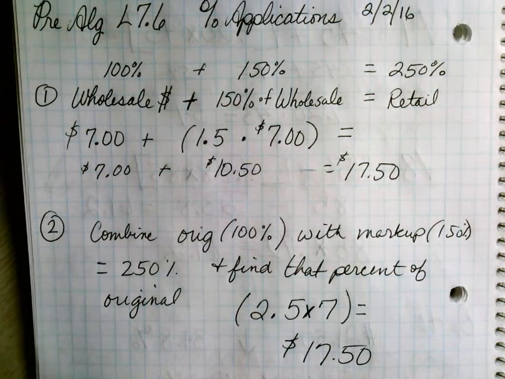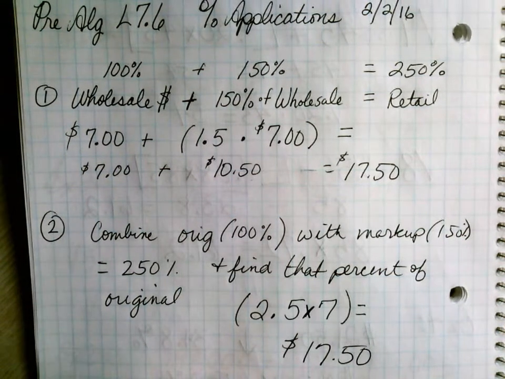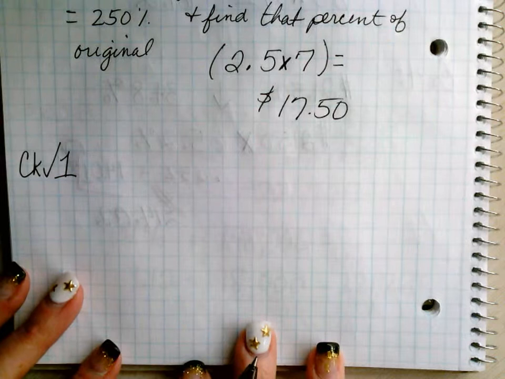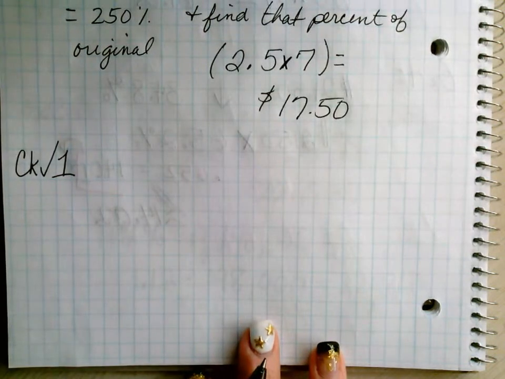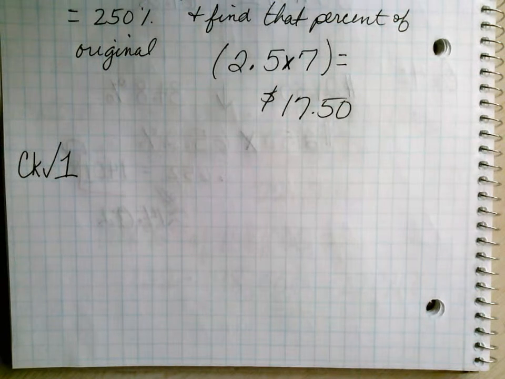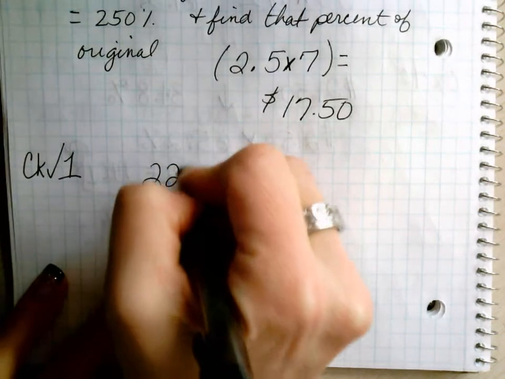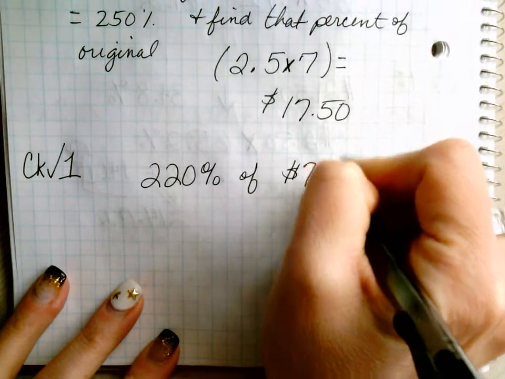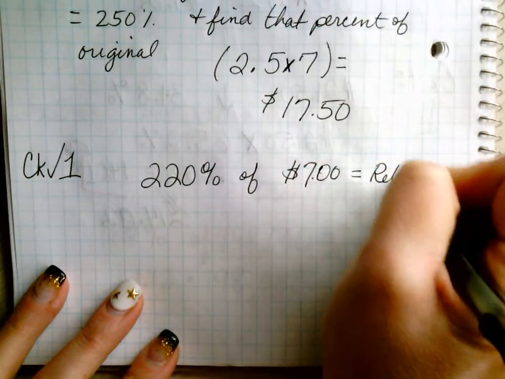So let's go ahead and do checkpoint 1. Okay, that's at the bottom of the page. Checkpoint 1 says, what is the retail price if the markup is 120? So instead of 150, we're doing 120. Okay, I like method 2. 120 added to the original 100% is how much percent? 220, which means 220% of the $7 will give me the retail cost.